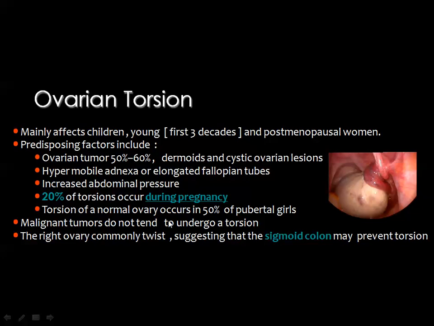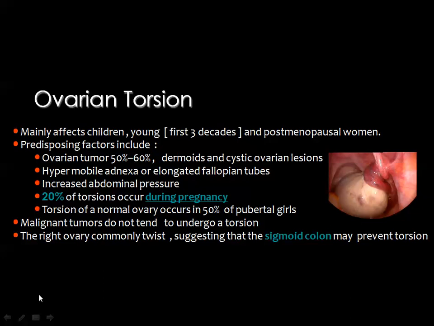In most of the cases, there is a benign tumor, which is usually a dermoid cyst, and sometimes the adnexa is hypermobile or there is an elongated fallopian tube, or sometimes also you can see increased intra-abdominal pressure, and about 20% of ovarian torsion may occur during pregnancy.